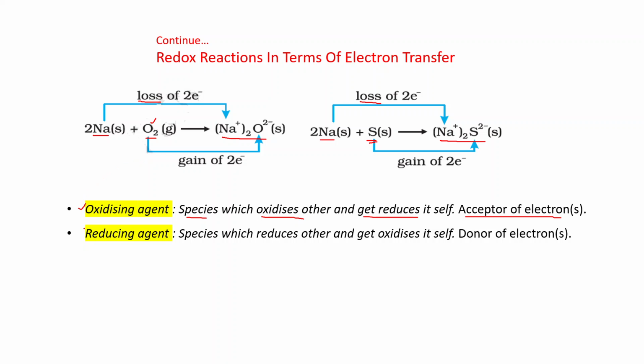We can define a reducing agent as a species which reduces others and gets oxidized itself. In a simple way, we can say a donor of electrons is a reducing agent. An oxidizing agent is also known as an oxidant. Clear? And a reducing agent is also known as a reductant.